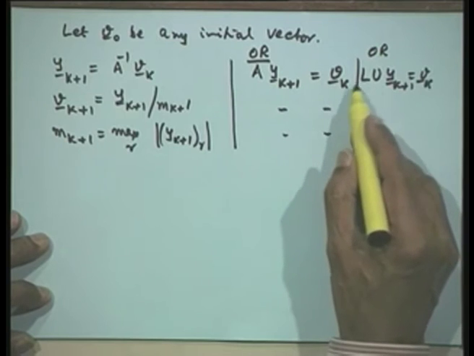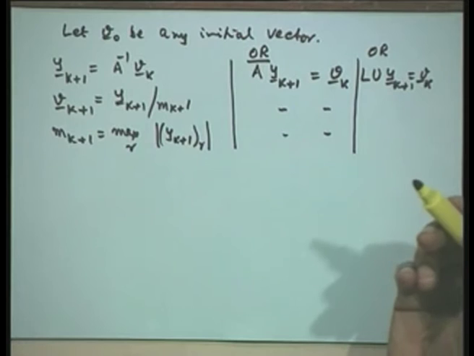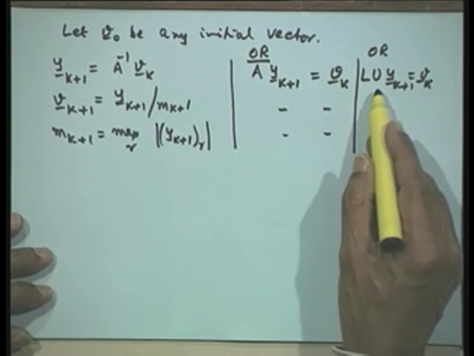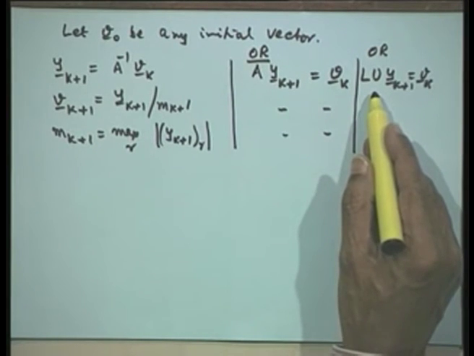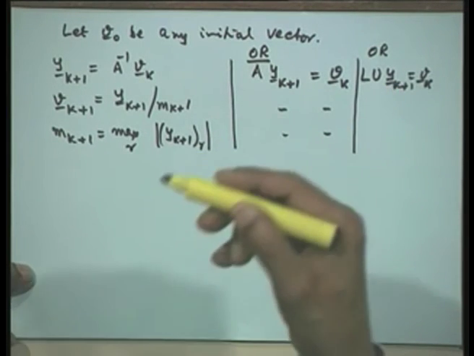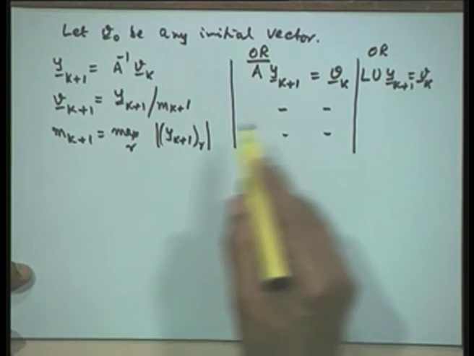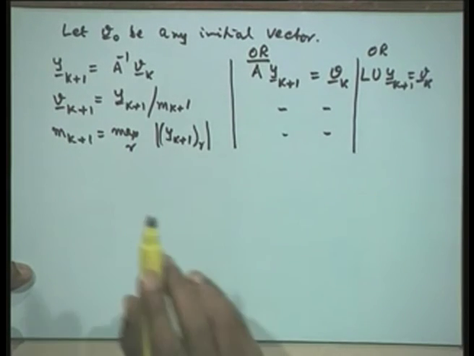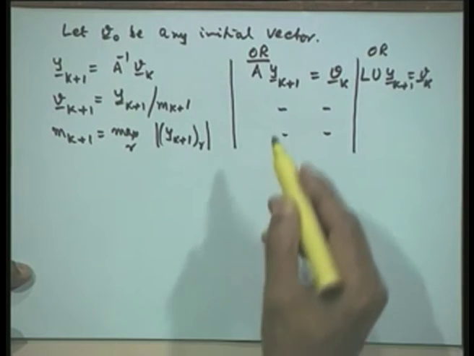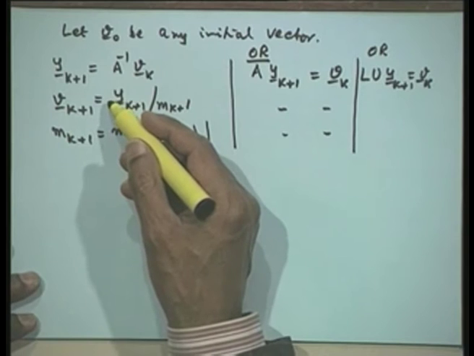Once you factorize A as L into U, it is only forward substitution and back substitution for each iteration. So we find the decomposition only once, and for each iteration one forward substitution and one back substitution is done. So we can choose any one of these three methods for the inverse power method, and the safest would be to use this when you have doubt about the round off errors in the particular problem.